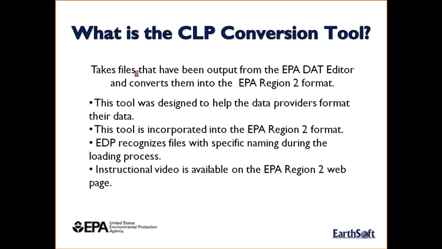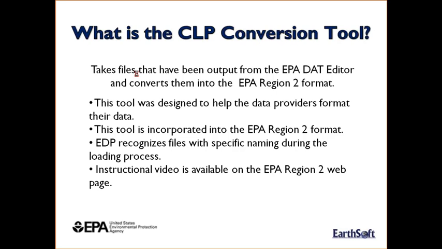Okay. Now, the data coming out of the DAT editor is only as good as what goes into the DAT editor. So there's definitely information that is not provided to the Region 2 lab. So they only spit out what they get in. So for example, they may not know location data.